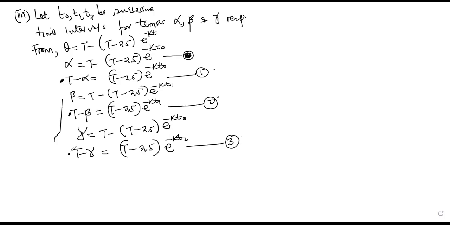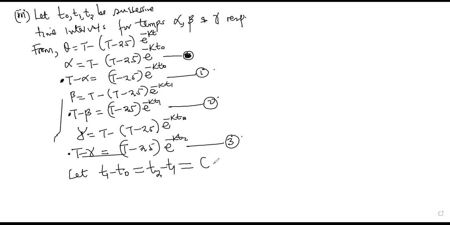So allow me to let t1 minus t0 be equal to t2 minus t1, and I let this be equal to a constant. I'm going to see how it will come out.